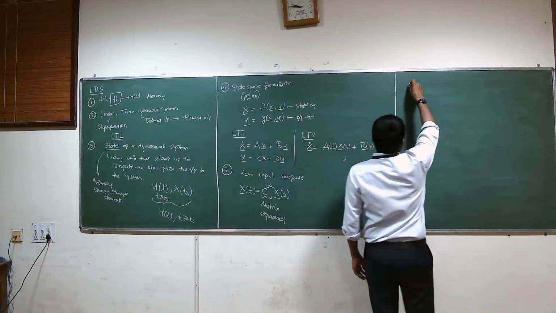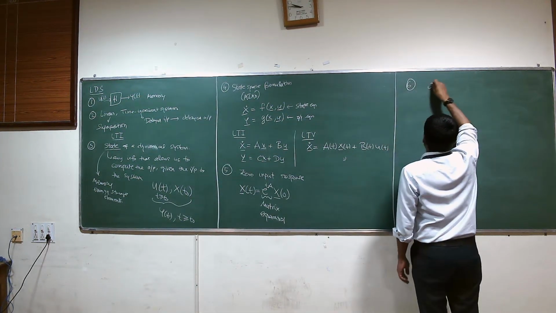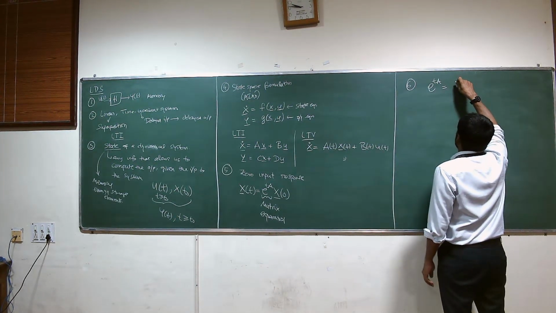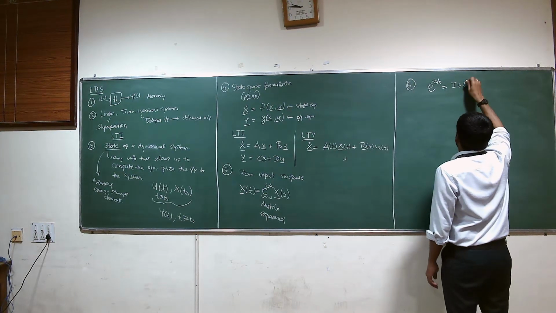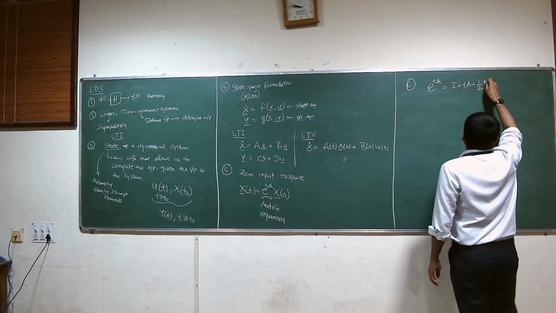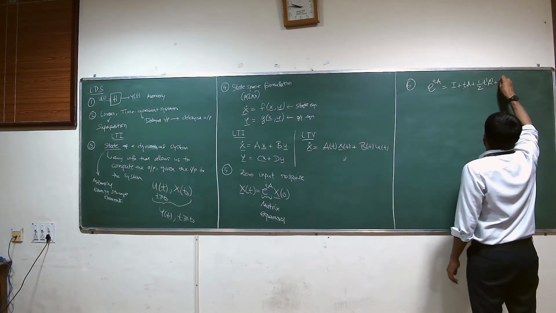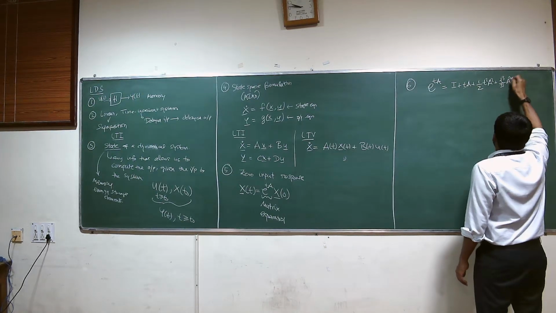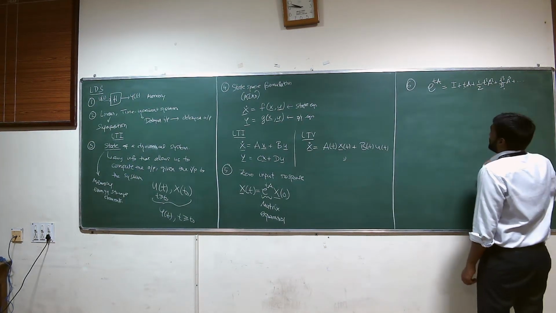Okay. Then, we talked about what is e power At. This is simply I plus At plus A squared t squared by 2 factorial plus A cubed t cubed by 3 factorial, and so on and so forth.